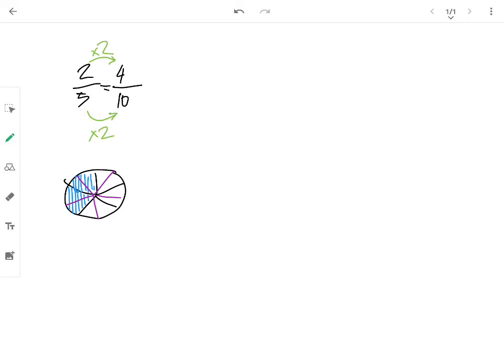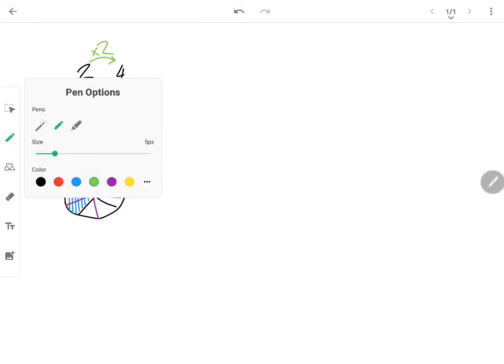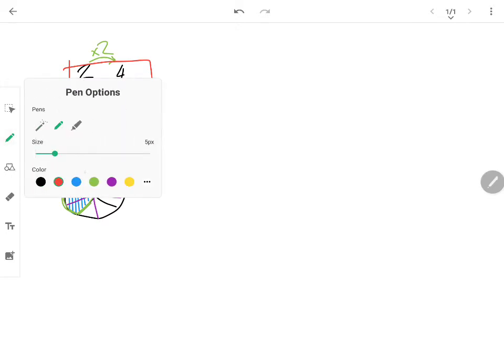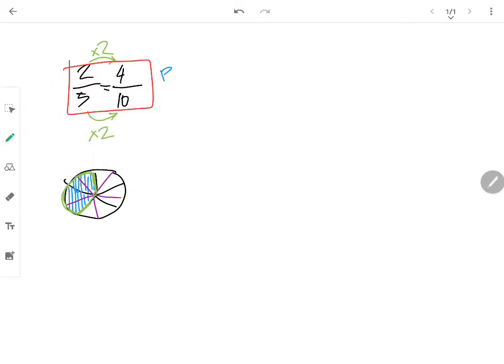So we're representing always this quantity here, this chunk of the pie, whether we use 2/5 or whether we use 4/10, right? It's the same fraction. So these fractions are said to be in proportion to one another. So we have a name for this expression, the expression of two fractions that are equivalent, and that expression is known as a proportion.